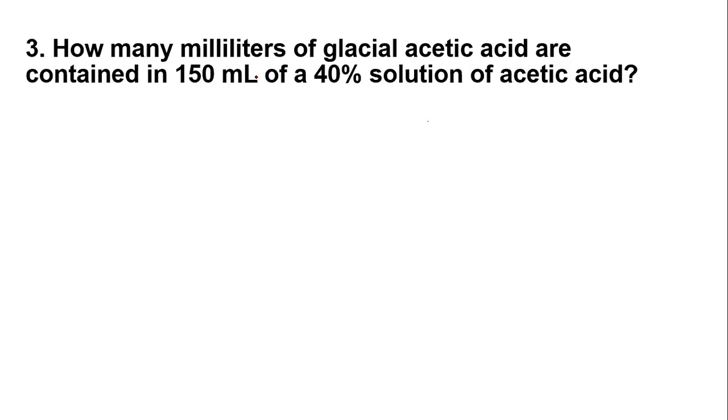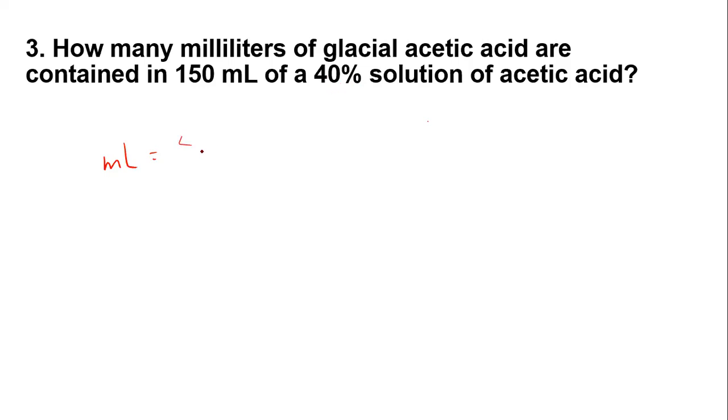So the second formula for percent V over V is, why is this erased? There. ml equals our percent concentration. So you have here 40%. And remember, 40% could also be expressed as 40 ml over 100 ml.